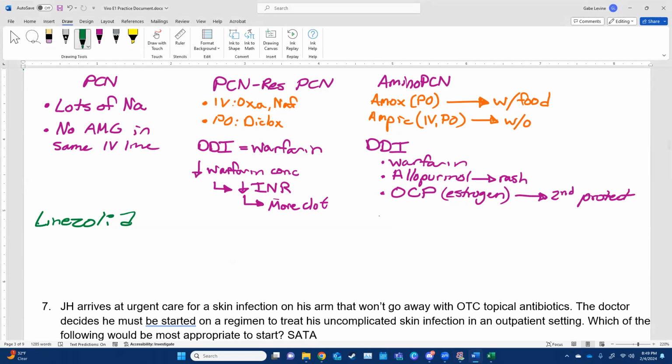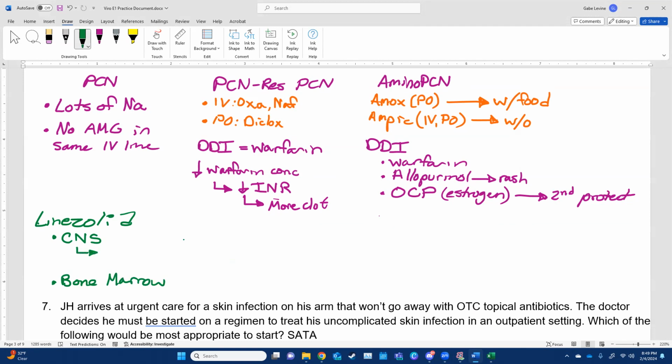Actually, on my rotation with Rudolph, I presented about how linezolid doesn't really cause serotonin syndrome, which was interesting. So two really big facts about linezolid. It has an effect on the CNS and it has an effect on the bone marrow.